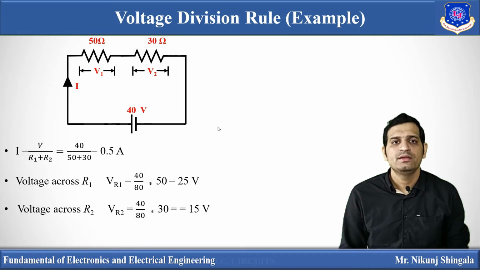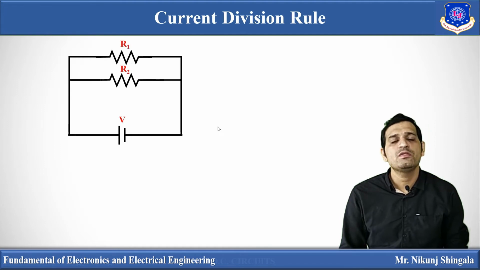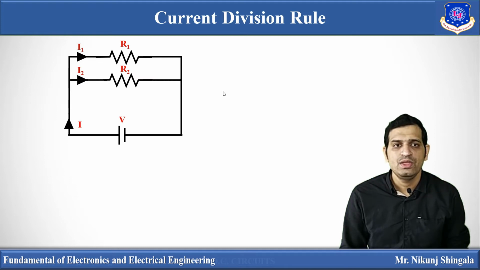Now next one is the current division rule. The current division rule is basically used to find the branch current when the resistors are connected in parallel. So here you can see two resistors R1 and R2 are connected in parallel across the voltage potential V, and because of this current I will start to flow, and I gets divided into two currents, I1 and I2. I1 is the current flowing through R1, I2 is the current flowing through R2.